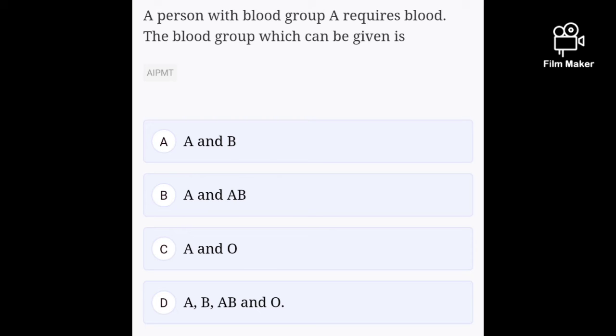Let's start from the basics. ABO blood grouping is based on the presence or absence of two surface antigens on the RBC, namely A and B. Remember that absence of antigen denotes blood group O. Similarly, the plasma of different individuals contains two natural antibodies, that is proteins produced in response to antigens.